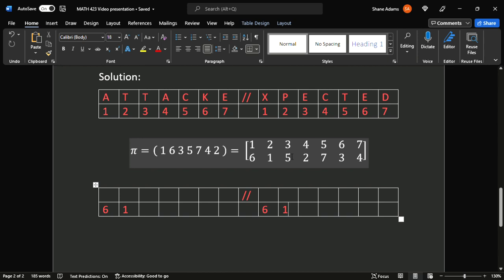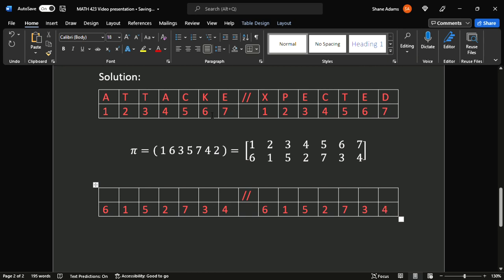Then we're going to put the 5th in the third, the 2nd in the 4th, 7th in the 5th, 3rd in the 6th, and then the 4th and final in the last slot.